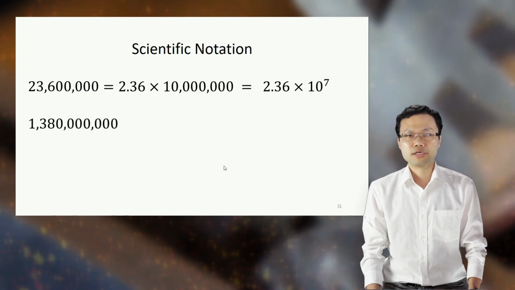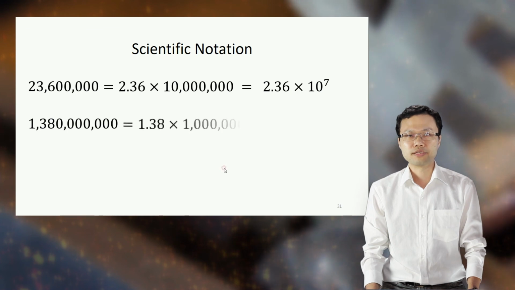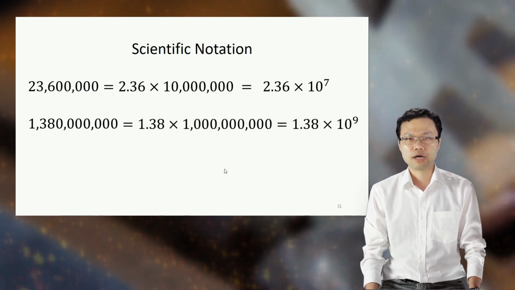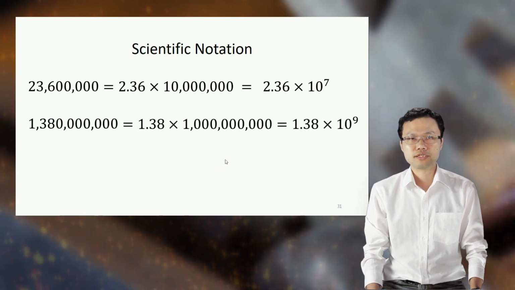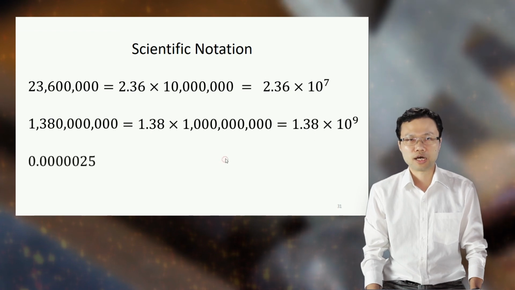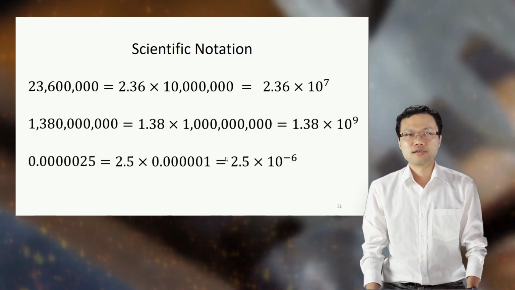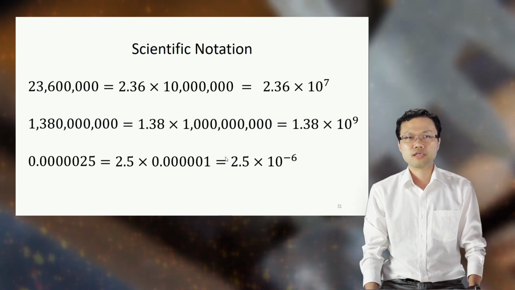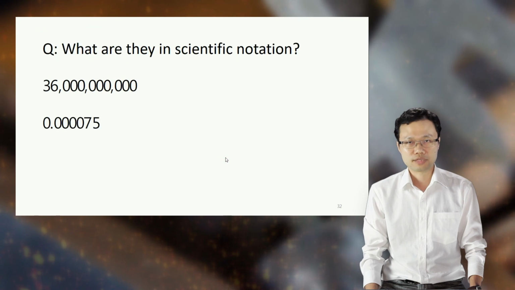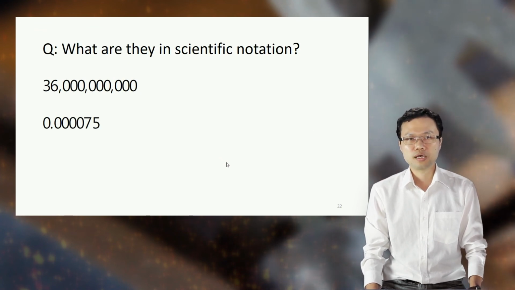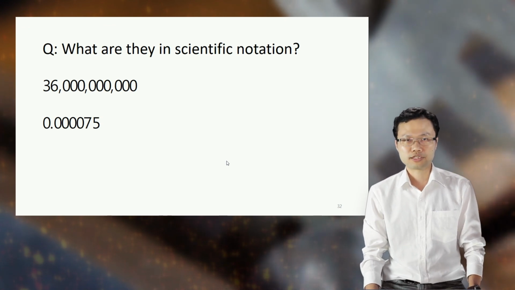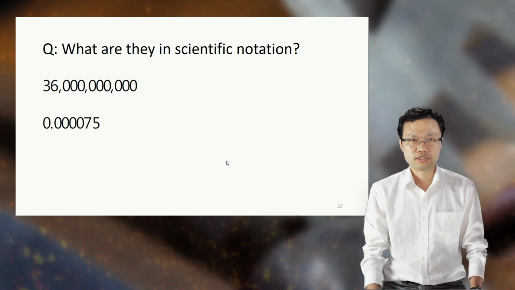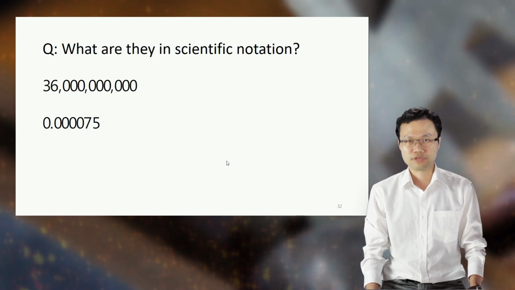Similarly, 1,380,000,000 can be expressed as 1.38 times 10 to the 9th power, and 0.000025 is 2.5 times 10 to the power of minus 6. The last slide of this topic is a question for you to practice. Can you express these two numbers in scientific notation?